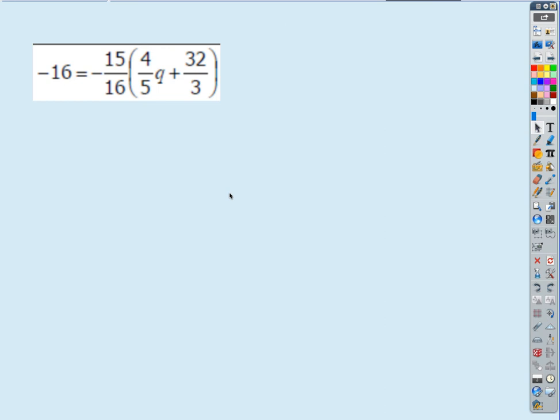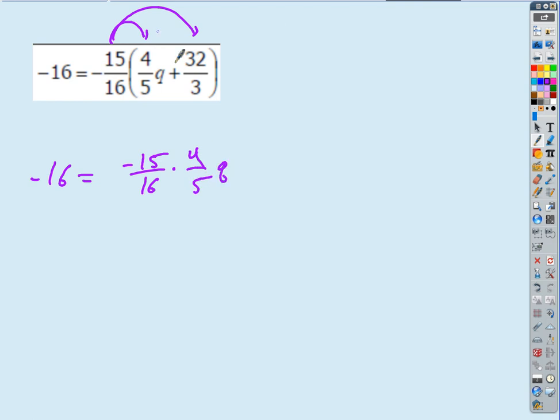Yeah, I would distribute the 15/16, wouldn't I? And when I distribute that, let's just take a quick look at that. When I distribute the -15/16, I can take advantage of cross-canceling while I do that, right? I would get -16 equals, if I distribute, -15/16 times 4/5 cubed.